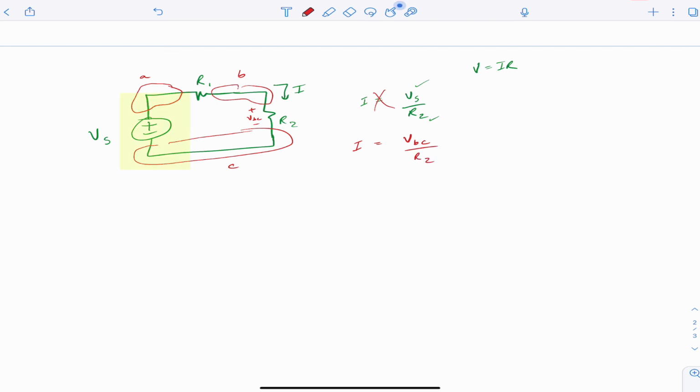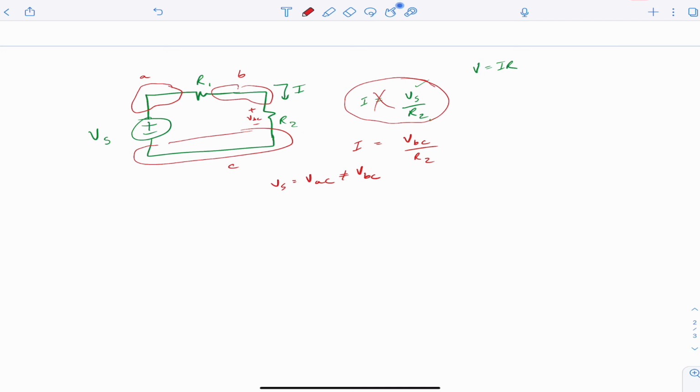We see that VS connects A and C. So VS is equal to VAC, and it's not equal to VBC. Therefore, it's inappropriate to use VS with R2 when you're looking for the current. You have to use VBC to get the current.